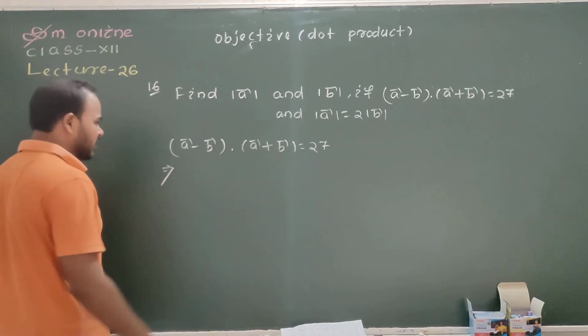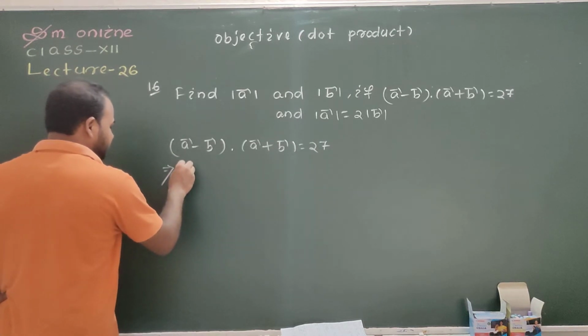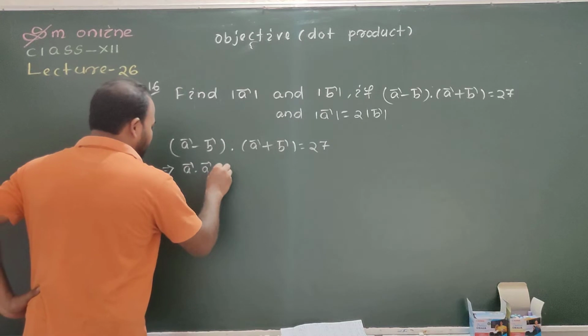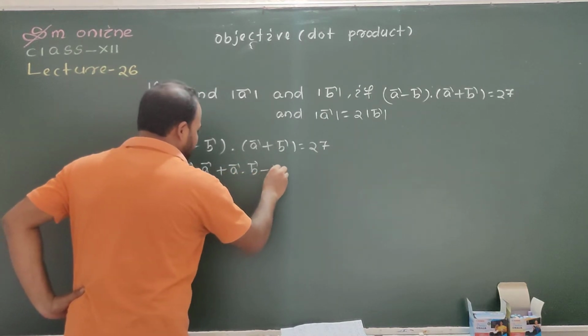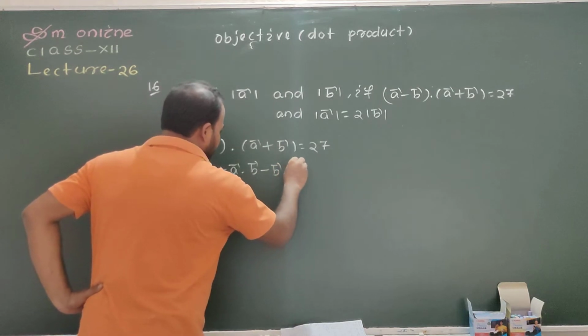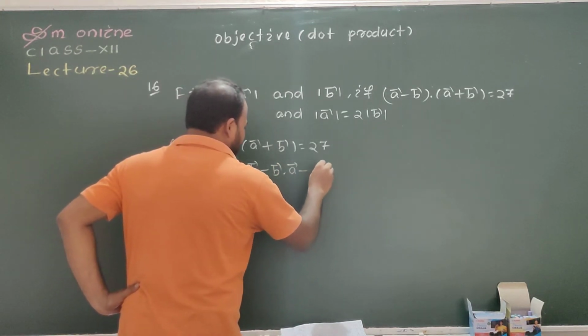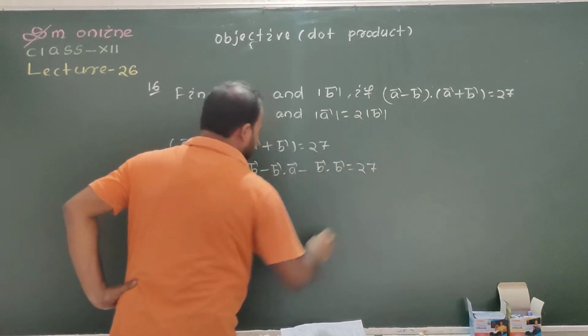Dot product is distributive, so it is equal to vector A dot vector A plus vector A dot vector B minus vector B dot vector A minus vector B dot vector B equal to 27.